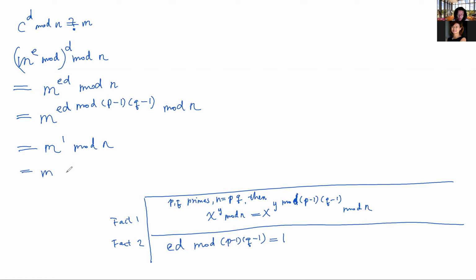And when you choose the message, you make sure you chop it in a way that you have messages smaller than n. So this shows the correctness. You actually get your message back, and so this is called the correctness of RSA.